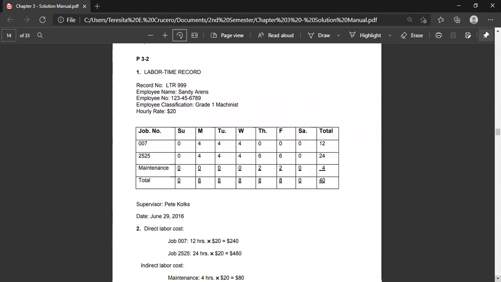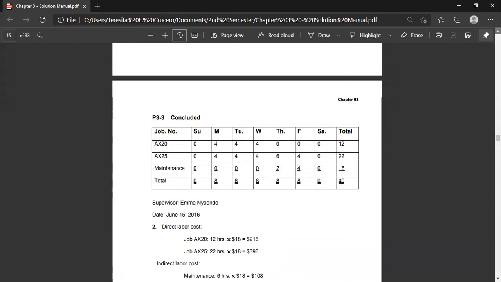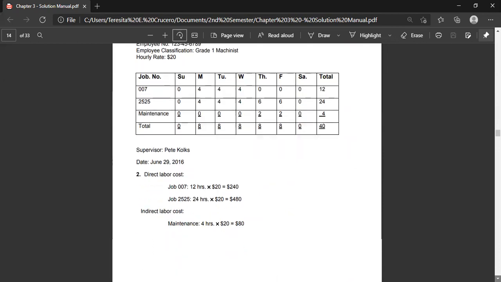Next, we go to 3.33. Required: labor time record, direct versus indirect labor. Adam Amos is a grade 2 machinist who earns $18 per hour. On Monday, June 10 through Wednesday, June 12, he worked 4 hours per day on each of two jobs.